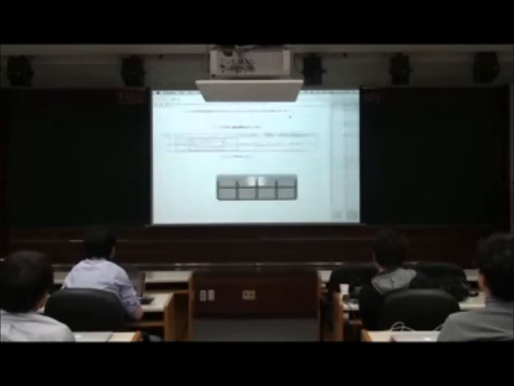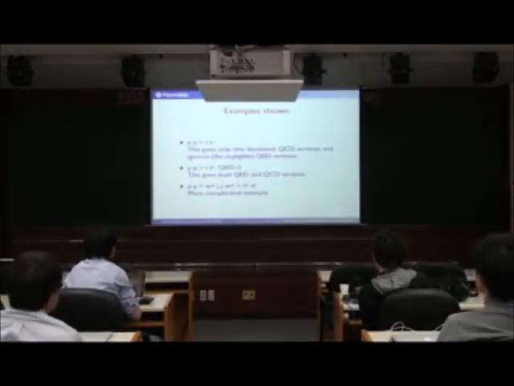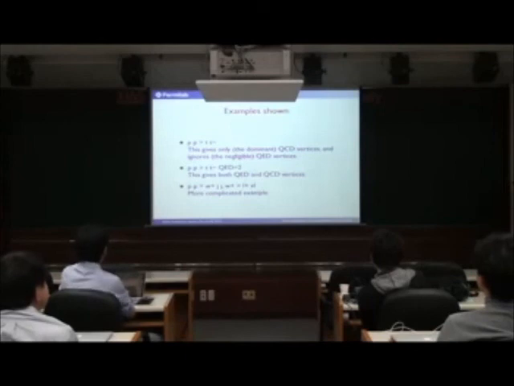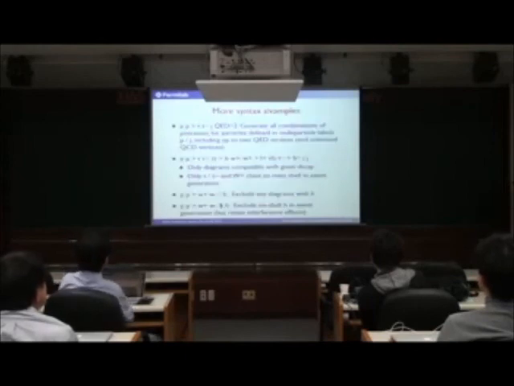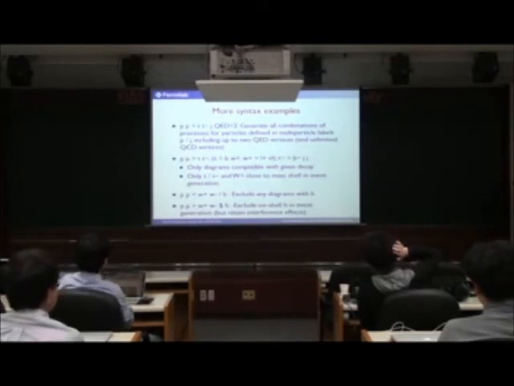These are the examples that I showed. I just repeat them here, so when you go home and look at the slides, you remember what I did. And here are some more examples of syntax. As I told you, when you add an explicit number of couplings for some particular coupling, then we no longer take responsibility for giving you the dominant contribution.